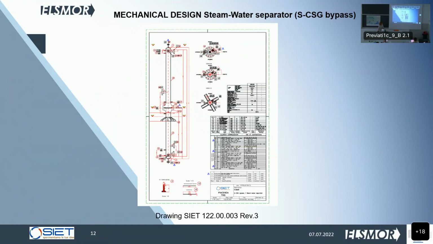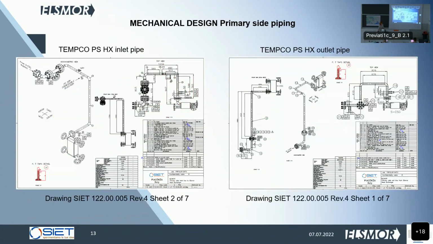Here is just an example of a drawing we have prepared for the fabrication of the components. In this case, this is the primary side component. And we have examples of piping drawings, the piping that goes to the heat exchanger and back to the heater.